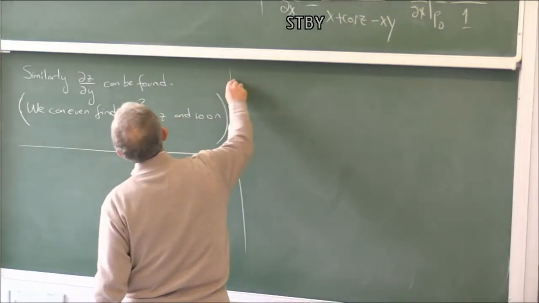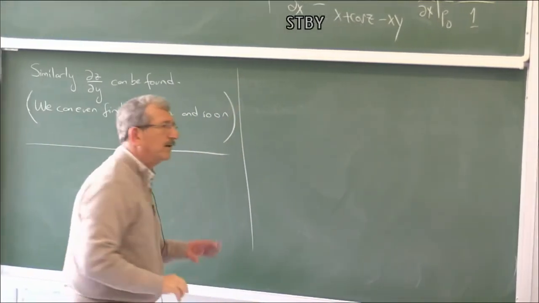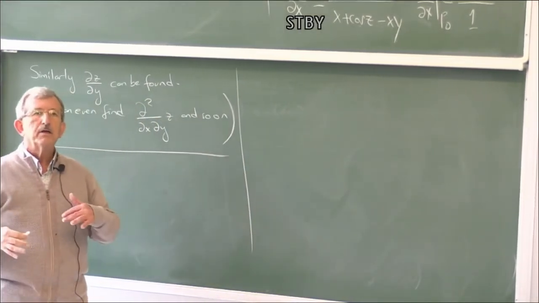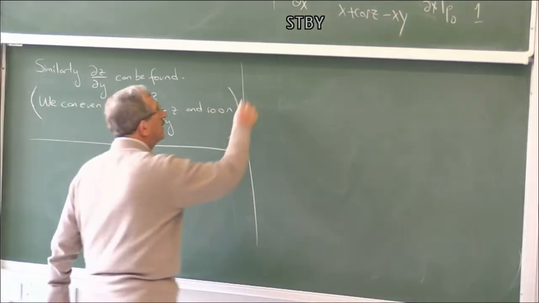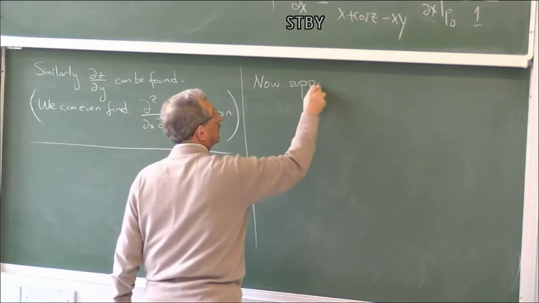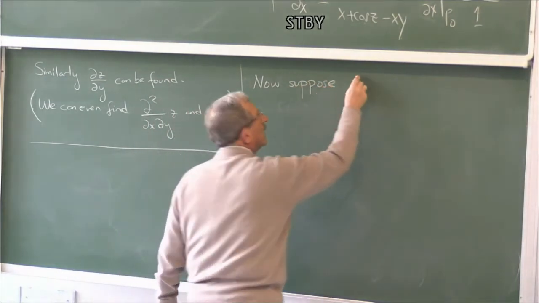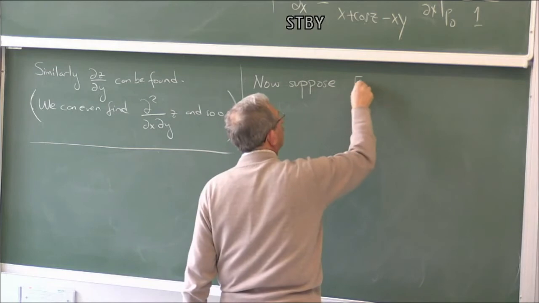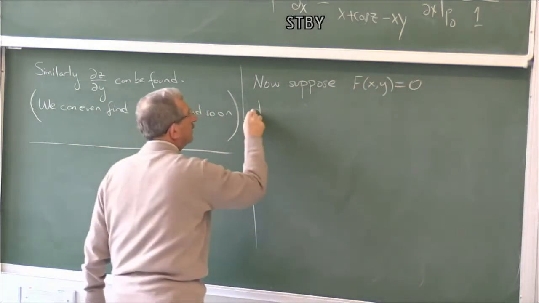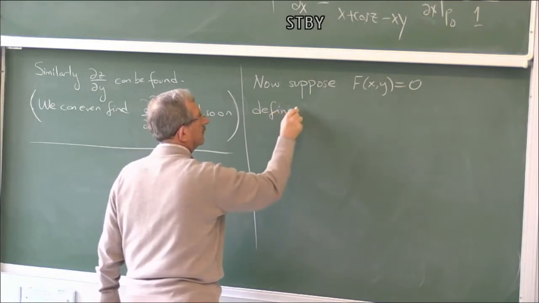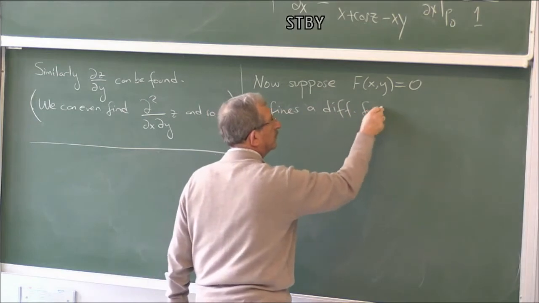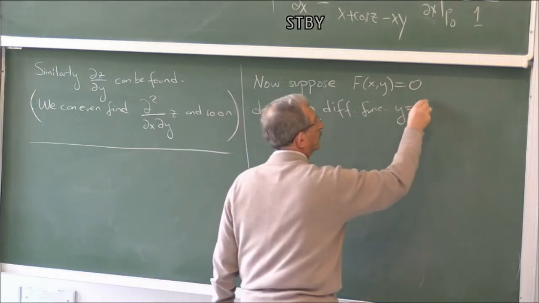Well, an application of this idea to an implicitly defined function of one variable is quite interesting. Now, suppose f of x y defines a differentiable function y equal to f of x.